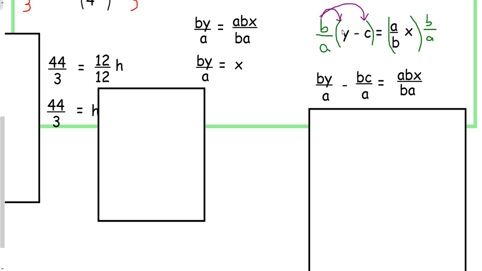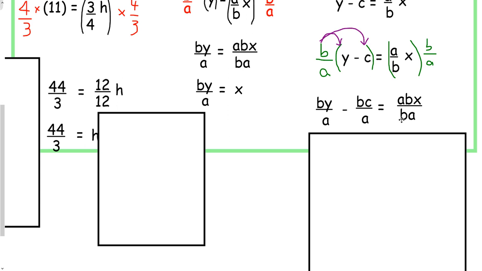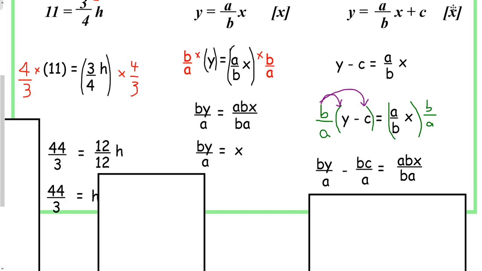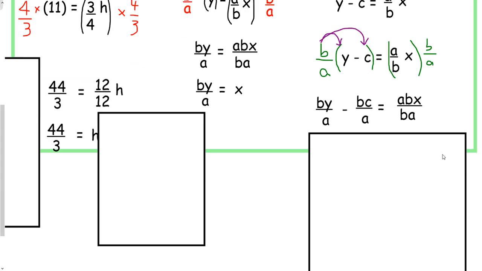Right, I just multiplied each of these terms by the b over a, and then on the right hand side it's a x times b, and then b times a at the bottom. And I just wrote them in alphabetical order, a, b, x. Now these can cancel out, right? A b over a b is equal to 1, so we have our x on its own, which is what we wanted. The question asked us to isolate for x, which is the one in the bracket.